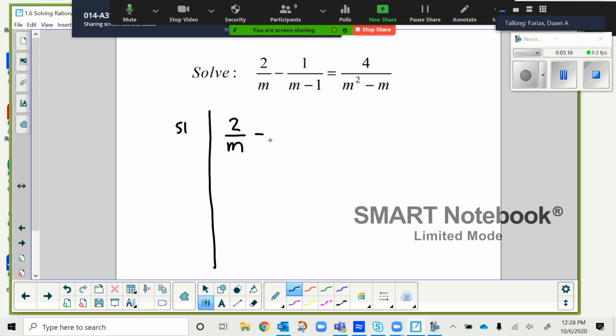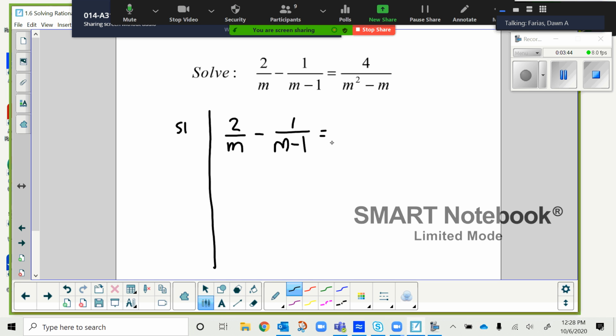In the second fraction, I cannot factor m minus 1 because the terms don't have a GCF, and the m minus 1, they're not factors. They're being added and subtracted together.